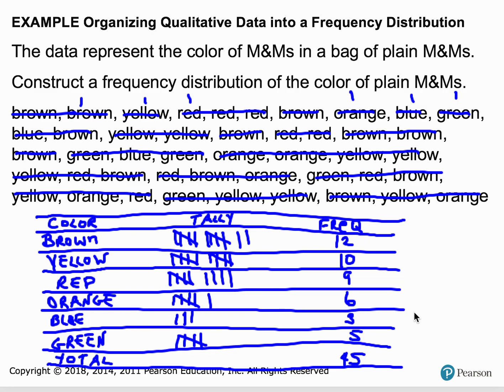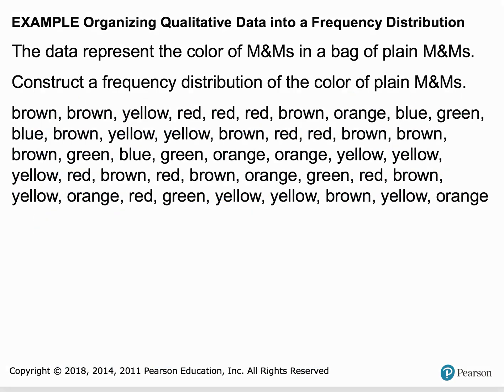The frequency distribution is also called a frequency distribution table. It's just a table, but generally that's always where we start our organizing of our data, by drawing a frequency distribution table.